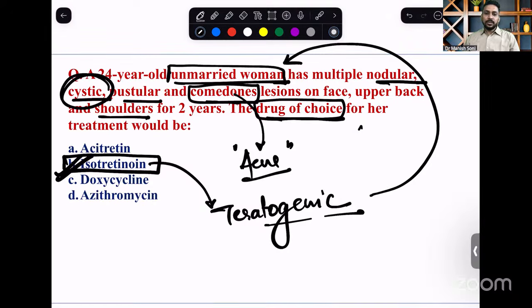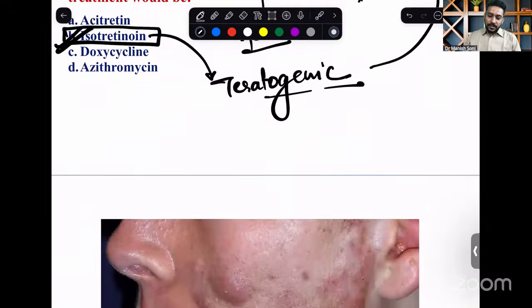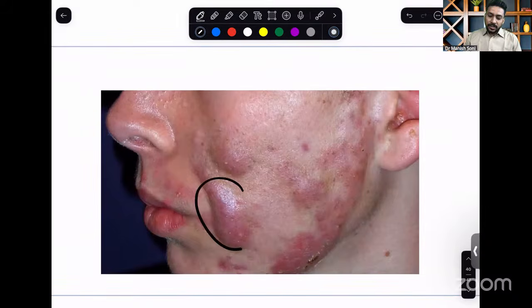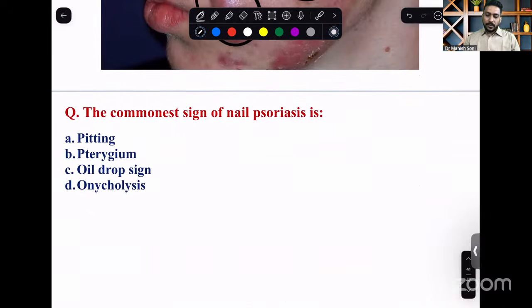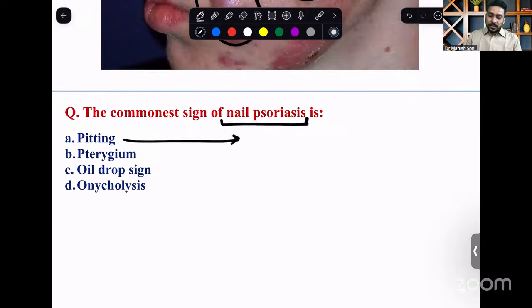So oral isotretinoin will be the drug of choice here. Sometimes patients can develop very large nodules and cysts. This is known as nodulocystic acne, grade 4 acne, severe type of acne, and in this acne, the drug of choice is oral isotretinoin.